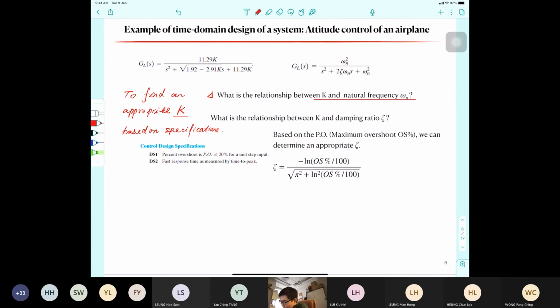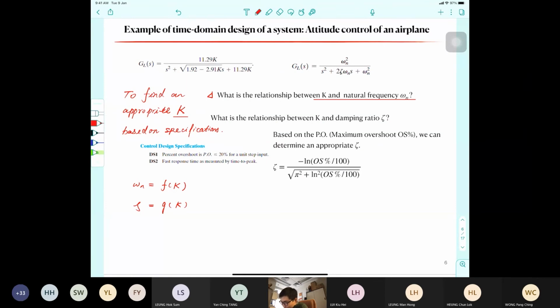So here's a procedure. Omega n equals to the function of K, right? And zeta equals to a function of K. Maybe this should be G, okay? Function of K.